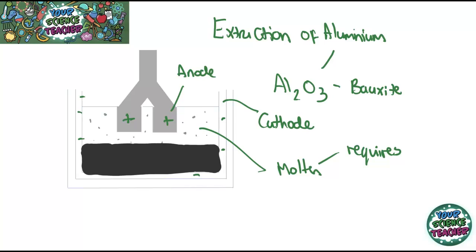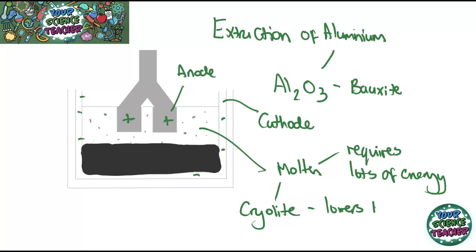The way to mitigate this, to make it a little bit better for the environment, is to add a substance called cryolite. Cryolite makes the aluminium oxide a mixture and lowers its melting point, so less energy is needed, making it more economically viable and better for the environment as well.